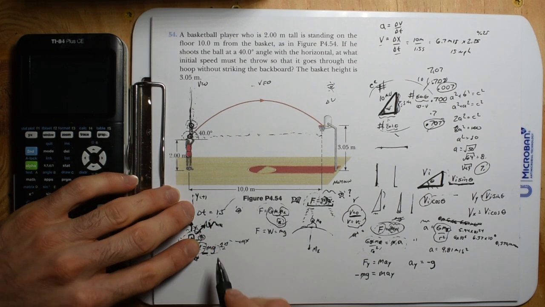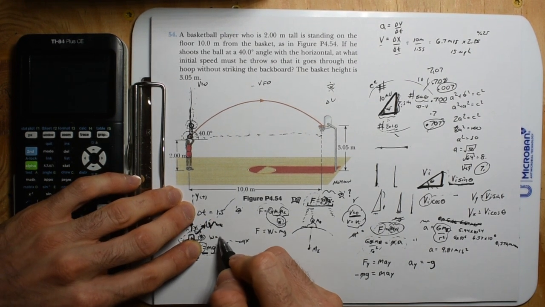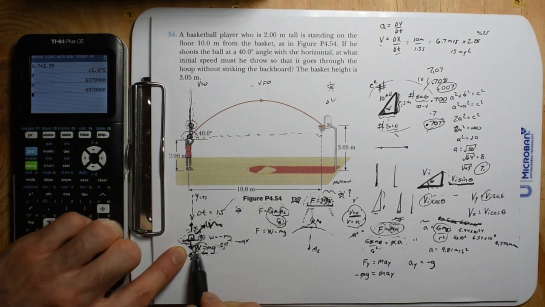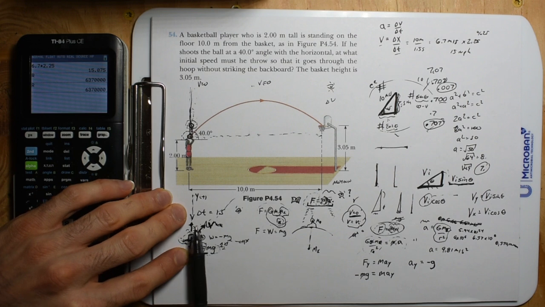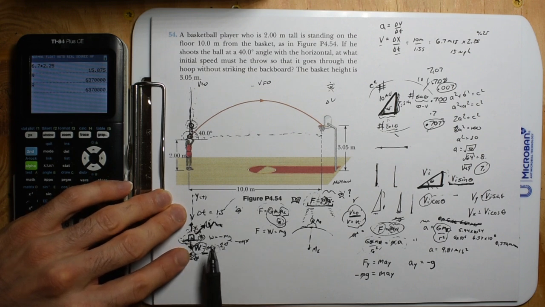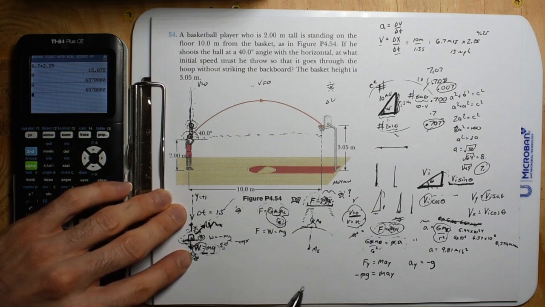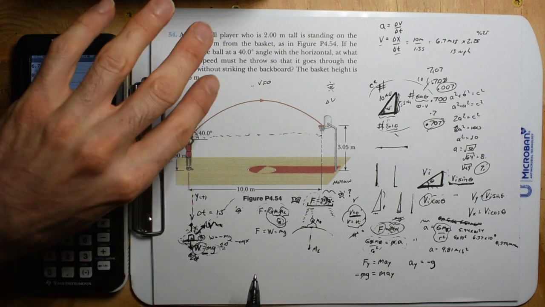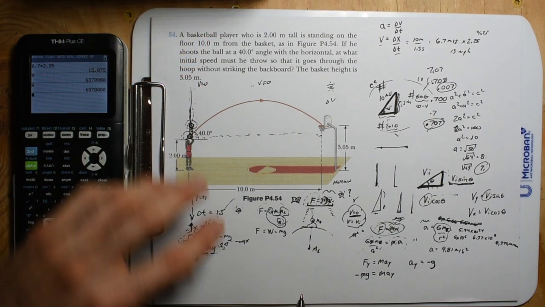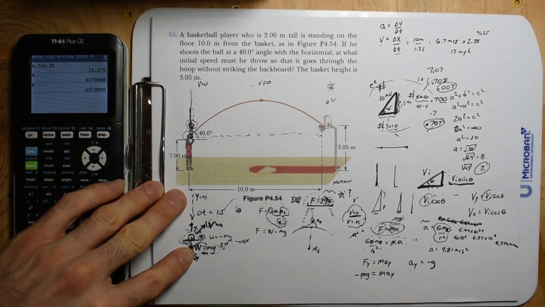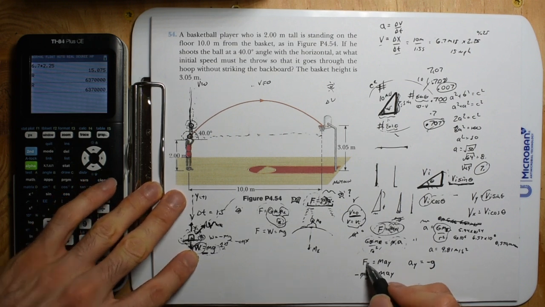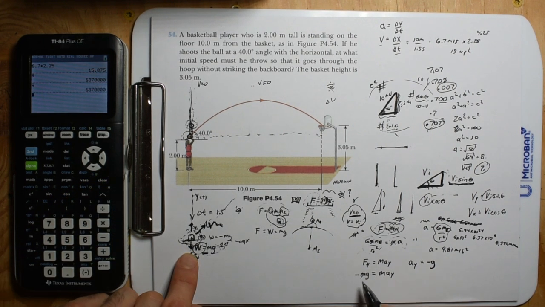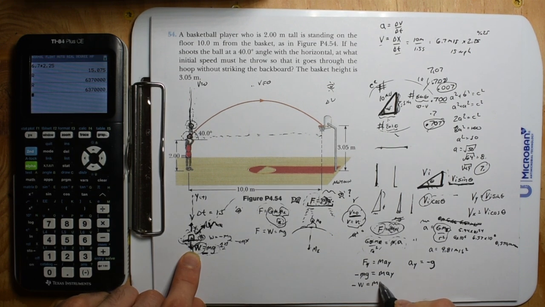If you said the weight was negative mg, that means our arrow's going the wrong direction. That means our arrow is actually up, and that's what that would mean. So if there was an acceleration up for whatever reason, say the Earth was up in the sky or something, then your force is still in the downward direction, and we would still go negative W is equal to may.